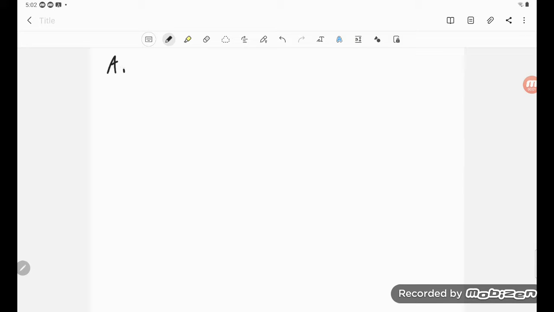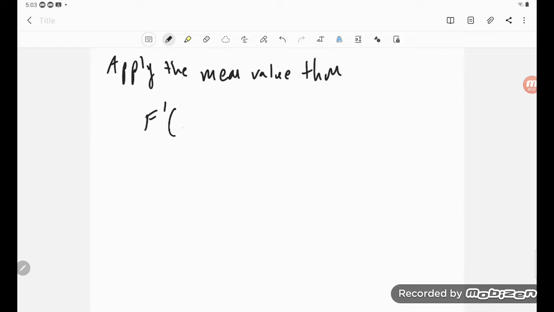Okay, now we're going to apply the mean value theorem. Okay, now when you took Calculus 1, you got the mean value theorem, and that said, I'm going to use uppercase F's here, that F prime of c, now the textbook uses a c, so I'll use that same letter.